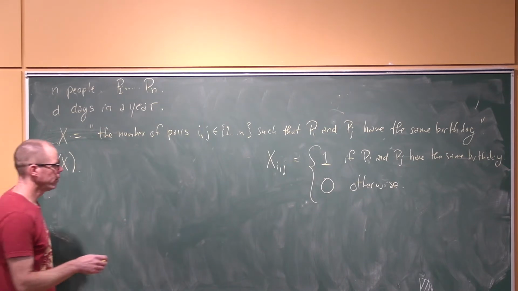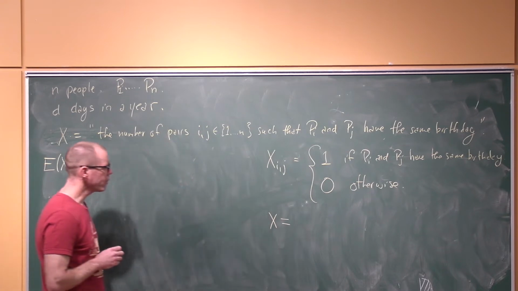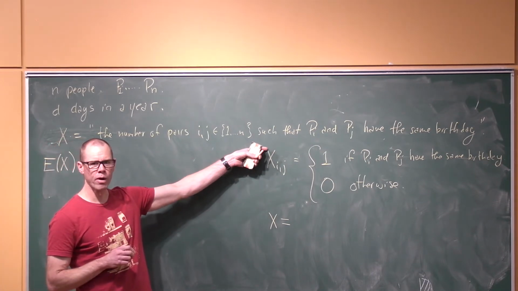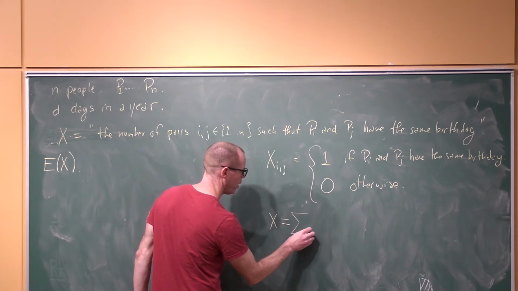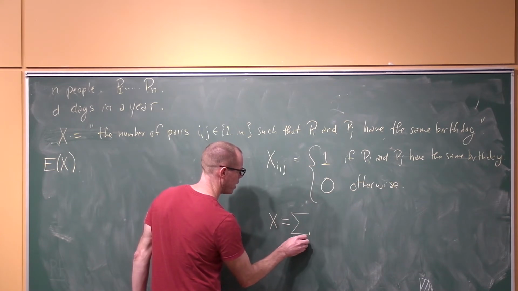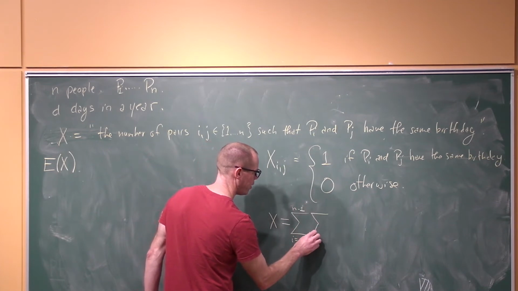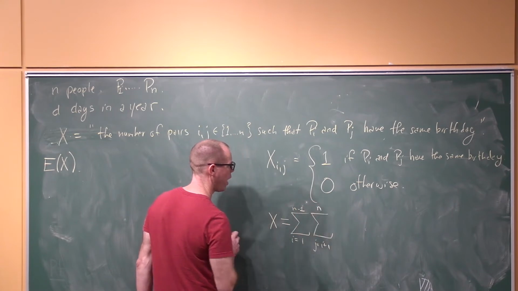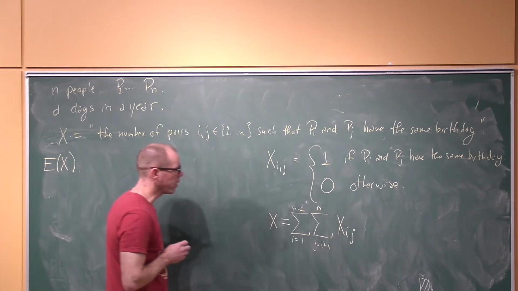Then, what do we have? Well, what's X? For X, all we have to do is add up all of these indicator random variables. So that's just, we take the sum, i equals 1 up to n minus 1, j equals i plus 1 up to n, of Xij.